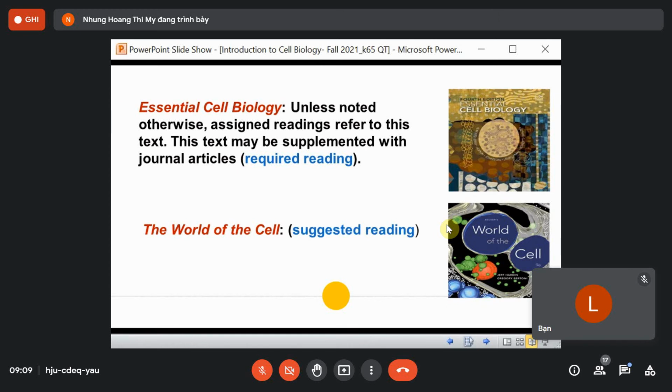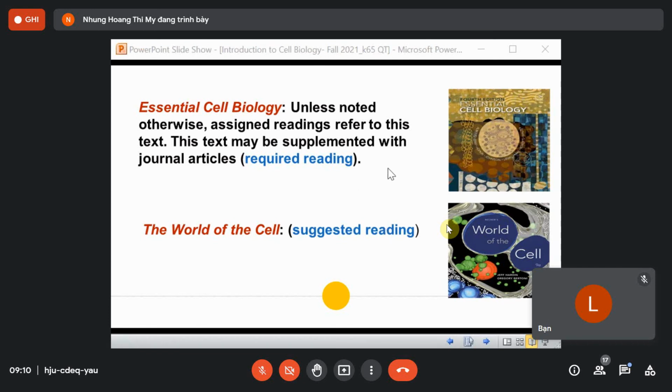In fact, the English grammar, vocabulary, and sentences in this book are quite easy for students compared to other textbooks. Also, the content in this book is very interesting and updated.